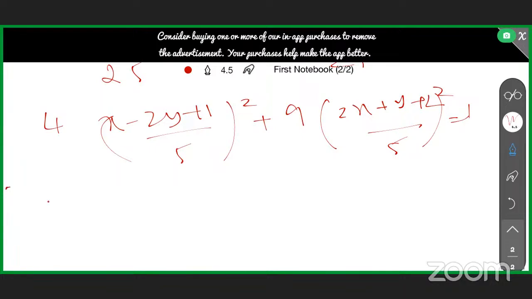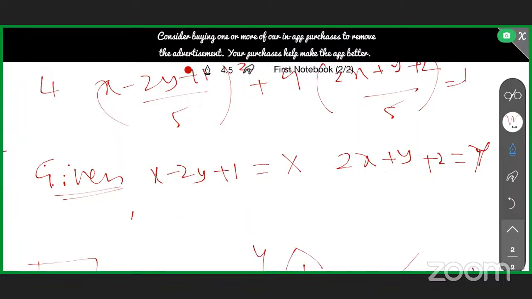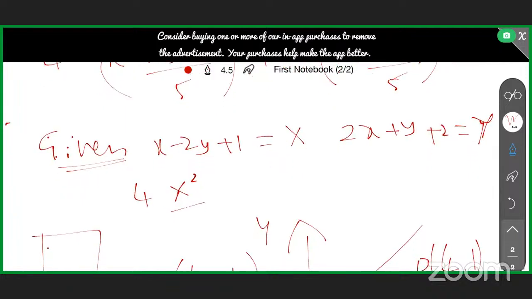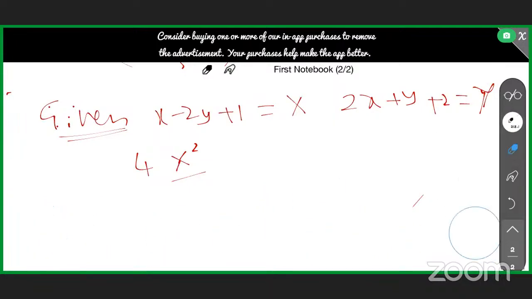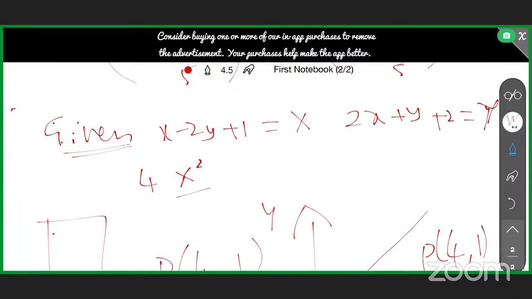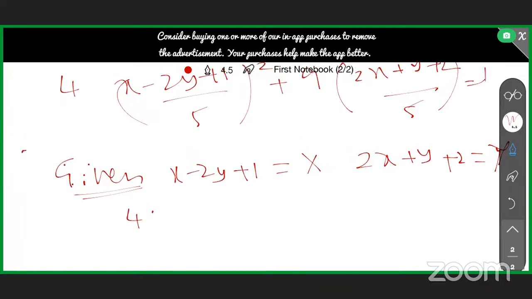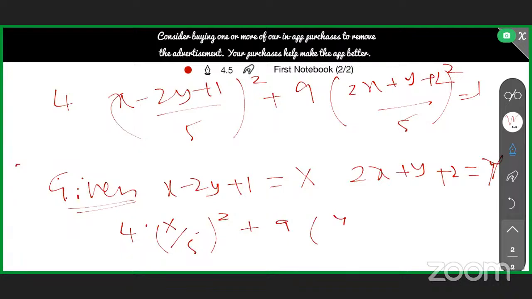So x - 2y + 1 is equal to capital X and 2x + y + 2 is equal to capital Y. Therefore, the equation becomes 4 into (X/5) whole square plus 9 into (Y/5) whole square is equal to 1.